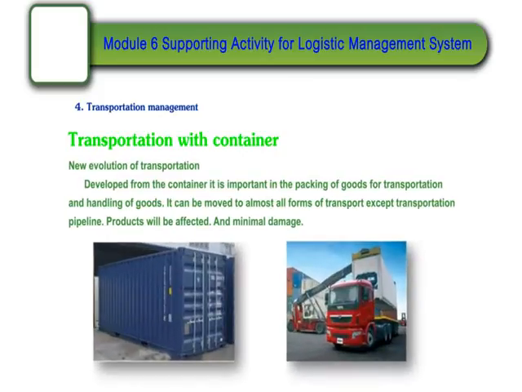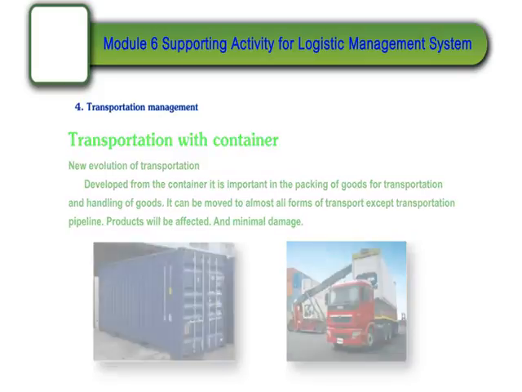Transportation with containers was developed from the container. It is important in the packaging of goods for transportation and handling of goods. It can be moved by almost all forms of transport except pipeline transportation. Products will be affected minimally and damage is minimal.